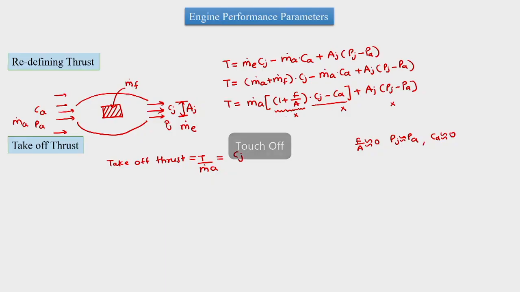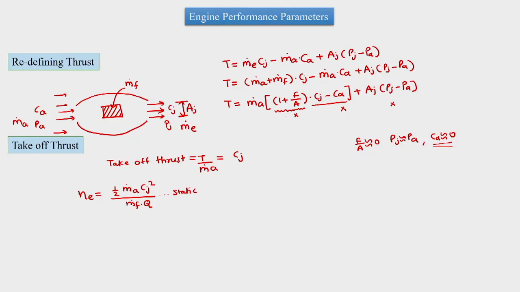So let us use the energy conversion efficiency and understand this further. Energy conversion efficiency is equal to half m dot a Cj square divided by m dot f into q. We know that the formula for energy conversion efficiency was change in kinetic energy divided by fuel energy, but in the change in kinetic energy we are neglecting Ca.